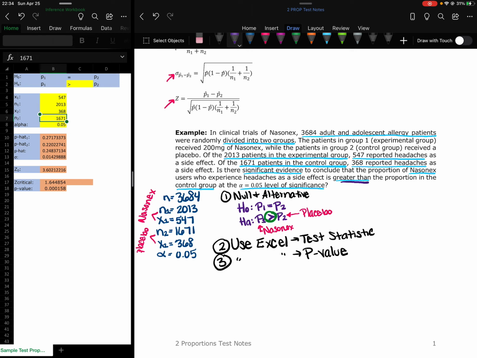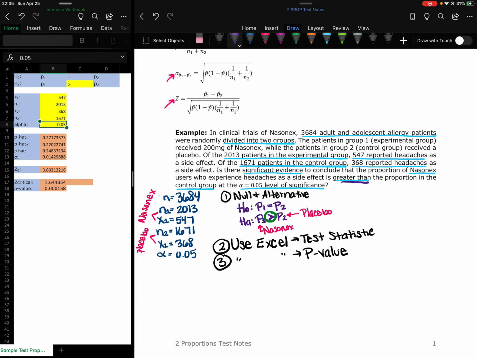N2, the number of patients receiving the placebo, 1,671. And then we plug in our alpha. Again, that's for the other method of doing a hypothesis test that I have not shown you, but you are welcome to use if you have done your own research and looked at how that method is used.